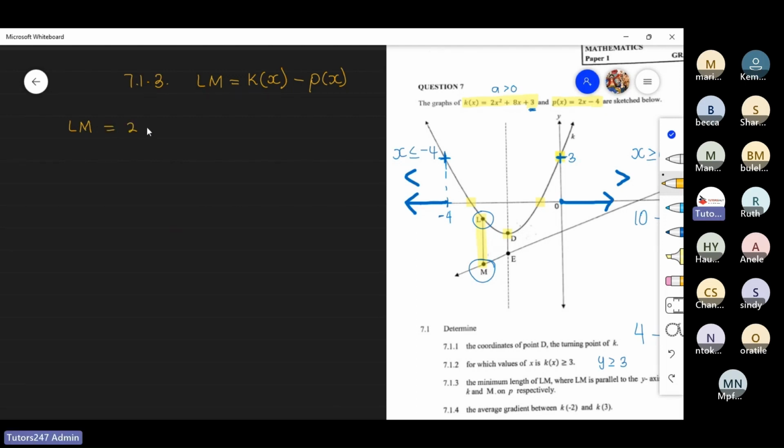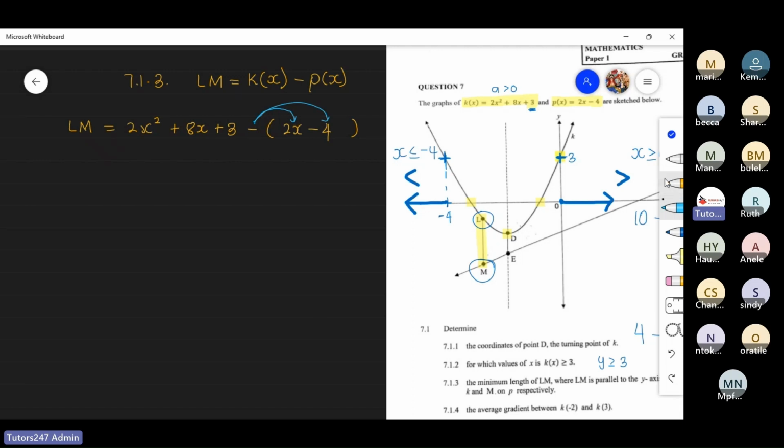That's going to be 2x squared plus 8x plus 3 minus, now p of x is given as 2x minus 4. There's a subtraction sign before multiple terms, in this particular case before two terms. Always keep it in brackets, because technically that negative sign belongs to the 2x and it belongs to negative 4. We're going to multiply that negative sign into the bracket. So whenever you have a negative sign that precedes multiple terms, always put those terms in brackets, okay?